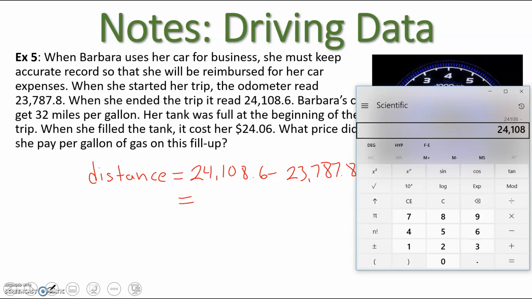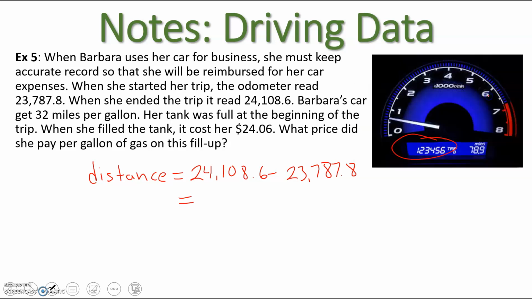So 24,108.6 minus 23,787.8 gives us 320.8 miles. Now that's the distance she traveled. Now we know that her car gets 32 miles per gallon.